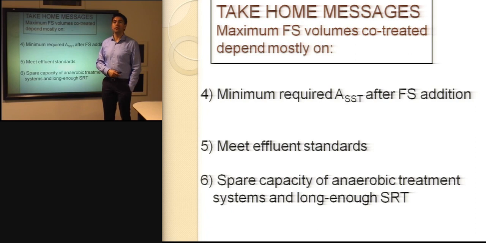So possibly it will not be a good decision to co-treat this fecal sludge in an existing plant or in a plant to be built. There will be a lot of effort, there will be a lot of infrastructure needed for the co-treatment, and in the end it will be mostly a transfer of solids from one point to another with very little added value.